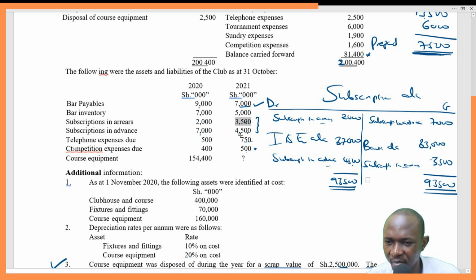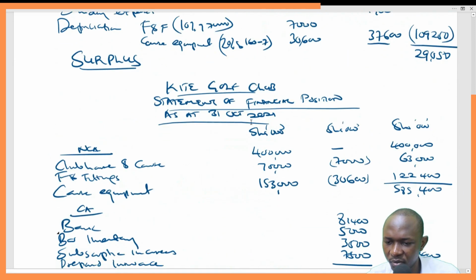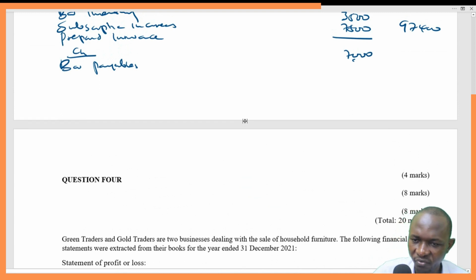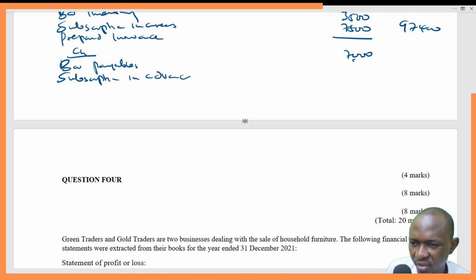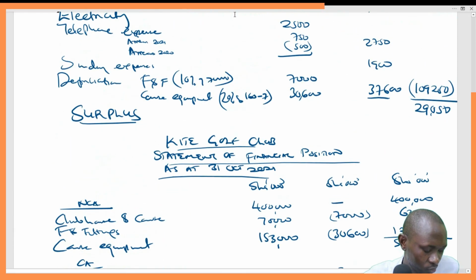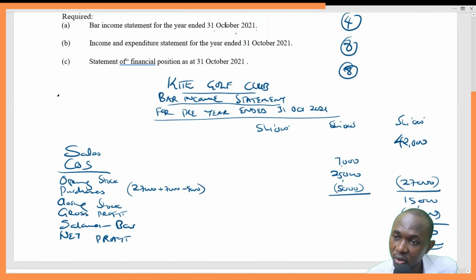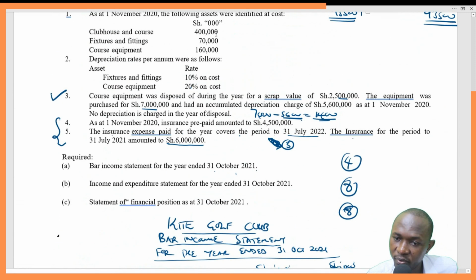This becomes a liability. Subscription in advance we've received, but it's for next year. So subscription in advance 4,500, it's a liability to us. Then we move on.